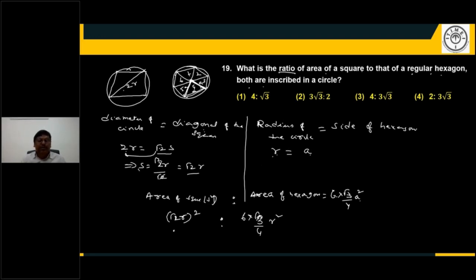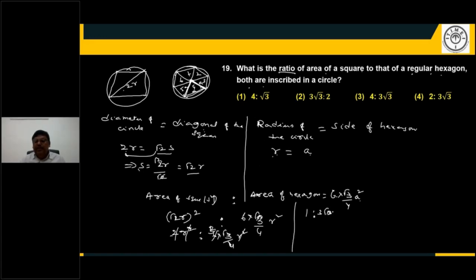You can see this is 2R squared, and this is 6 into root 3 by 4 R squared. R squared gets cancelled. 2 ones, 2 twos, so the ratio is 2 is to 6 root 3 by 4.